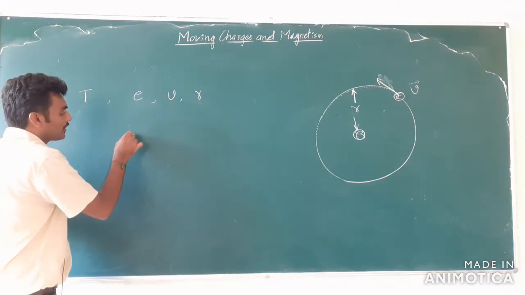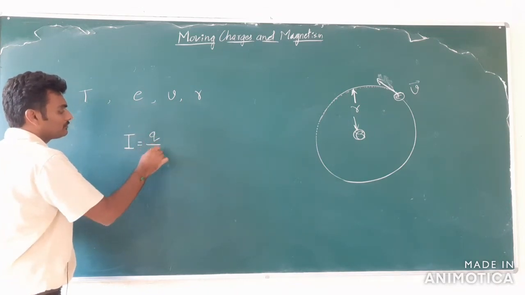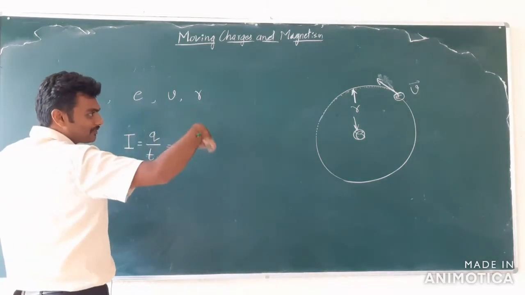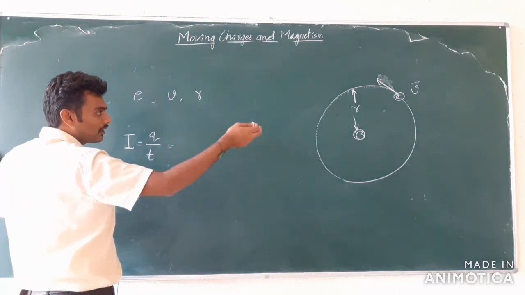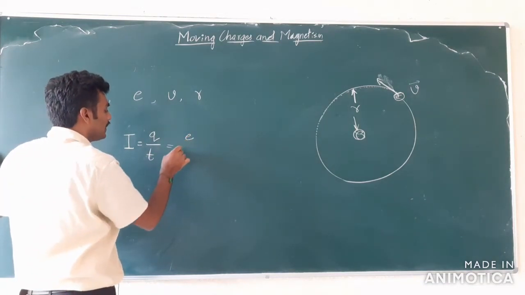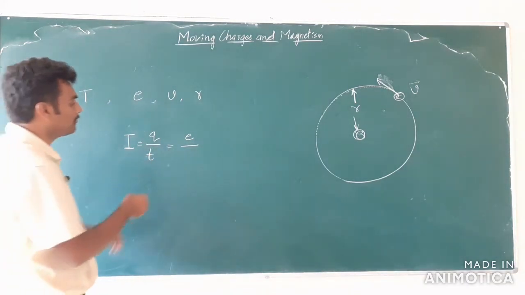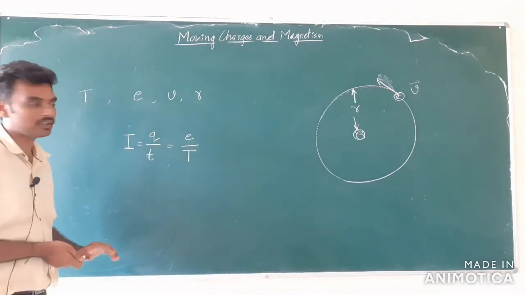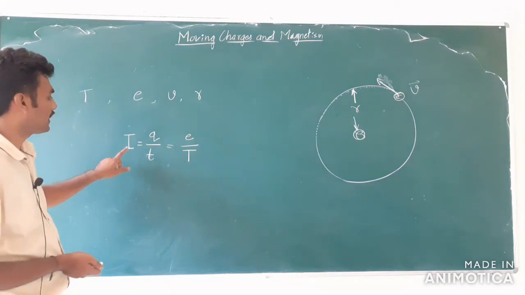See, current is given by charge by time, right? So what is the charge that is moving here? The charge that is moving here is an electron, which is equal to e, right? And I can take any time. So let me take the time chosen equal to time period itself. Okay, e by T will give me the current.